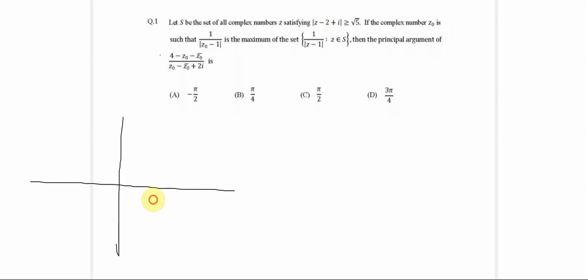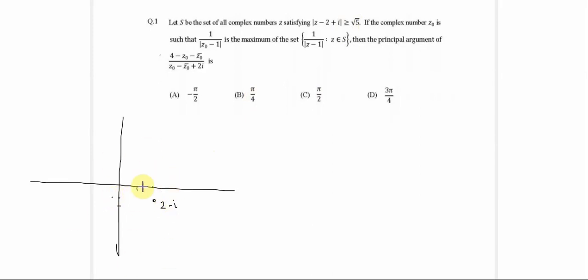Firstly, this is 2 minus i in the complex plane. So modulus of z minus 2 plus i equal to root 5 is going to give us a circle. So this inequality gives us all points which are outside the circle.